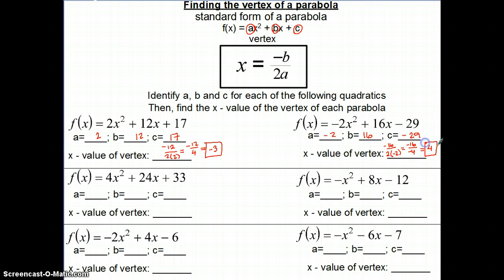Again, this is our x value. If we want the y value, we plug it back in. Go ahead and pause the video and complete the next 4 on your own. First, you should have an x value of -3, an x value of 4, an x value of 1, and last, an x value again of -3.